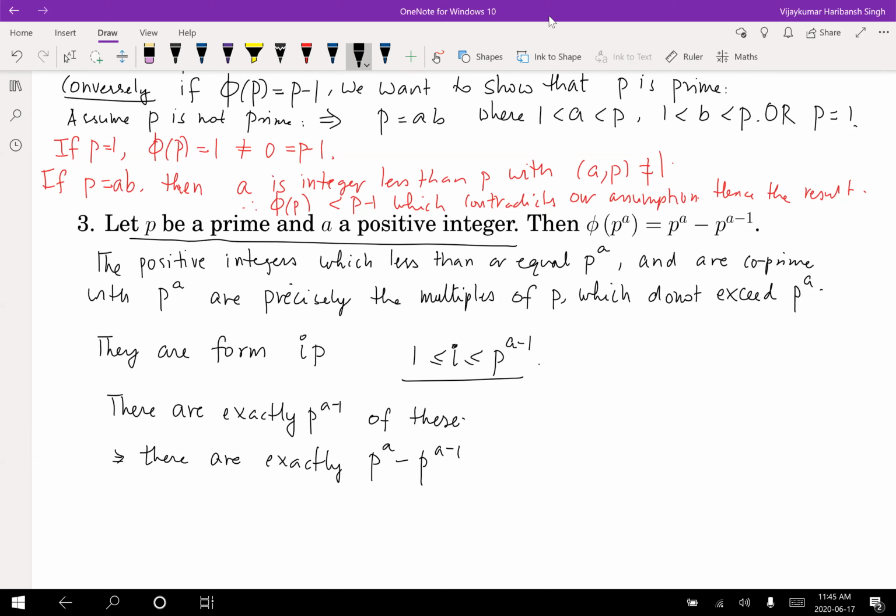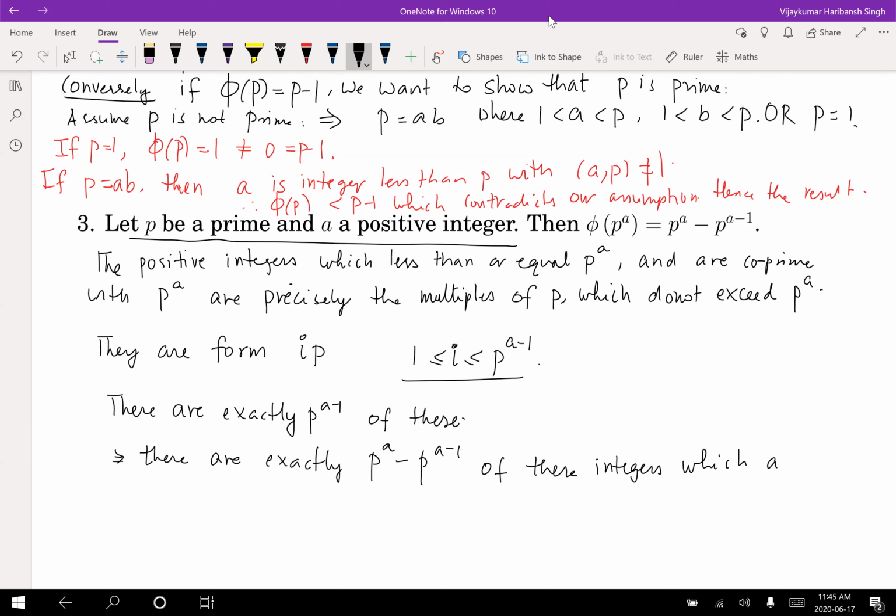Exactly p to the power a minus p to the power a minus 1 of these integers qualify to be counted by phi, or to be relatively coprime with p to the power a. So let me write that properly.